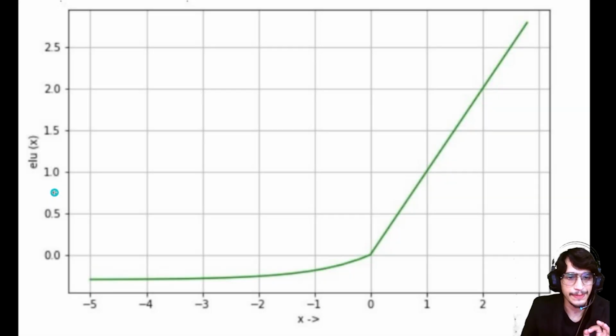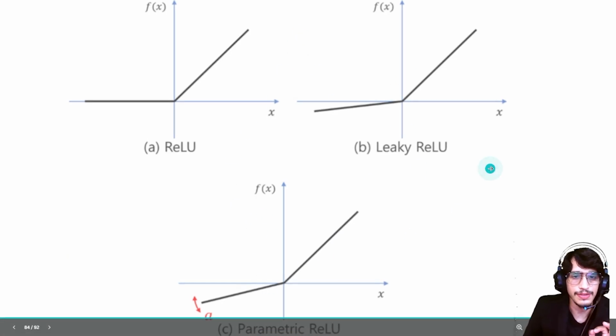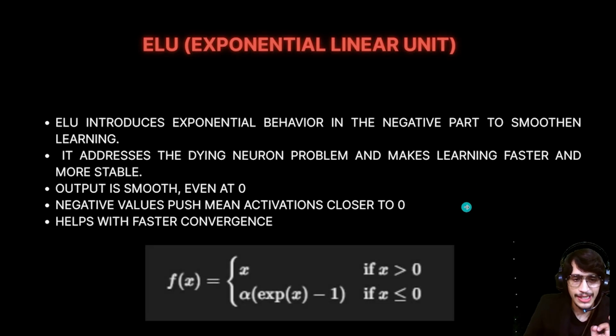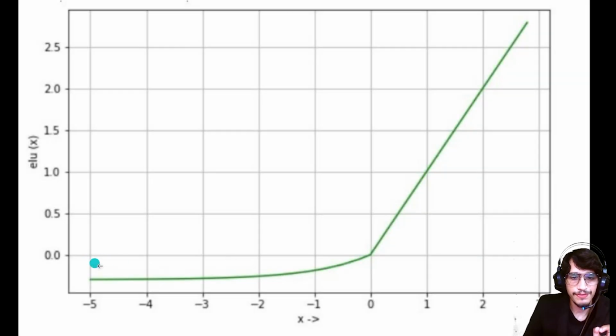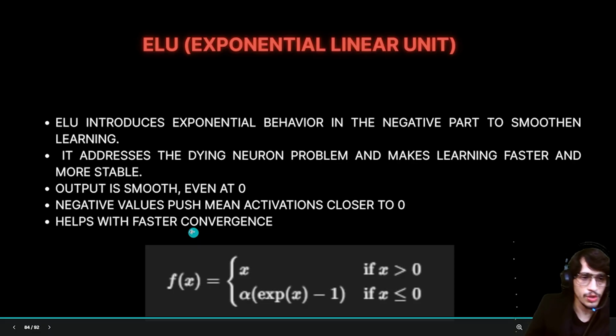If you see here, the curve is coming to 0, and then it starts going up instantly. Here also there is no smoothness in the curve. So when we use Exponential Linear Unit, or ELU, our curve is a little bit smoother.